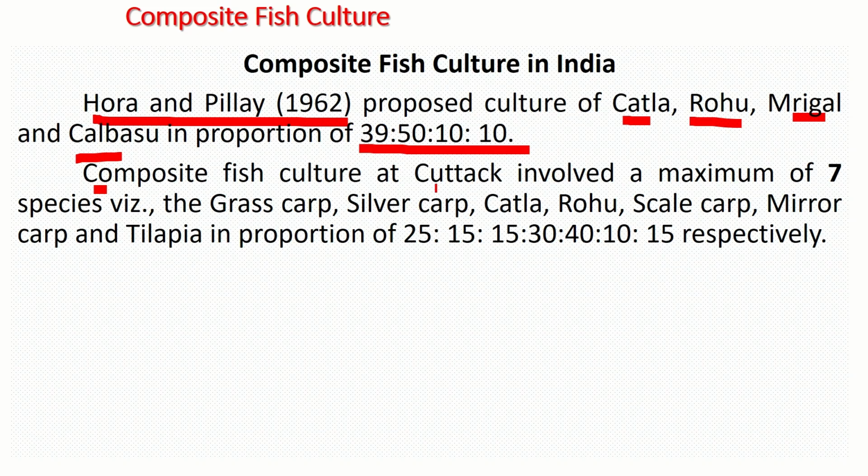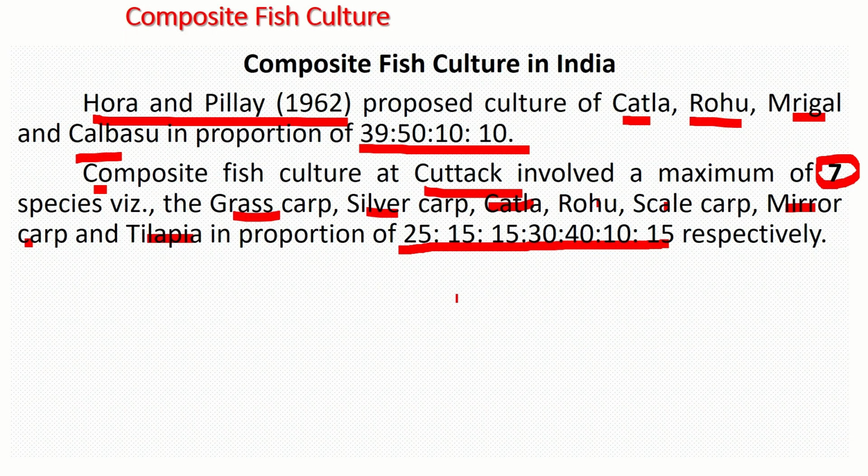Composite fish culture at Cuttack involved a maximum of 7 species, that is the grass carp, silver carp, Catla, Rohu, scale carp, mirror carp and tilapia in the proportion of 25:15:15:30:40:10:15 respectively.